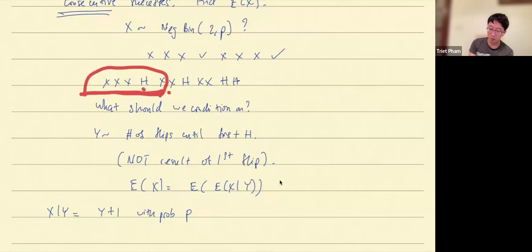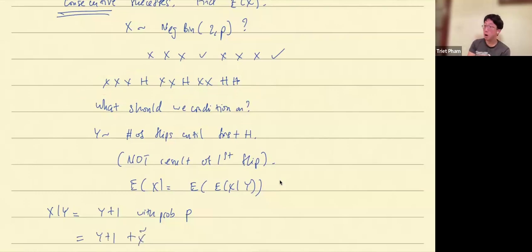Meaning that if the next is a failure, then you have to restart the whole process again, which is y plus 1 plus x tilde with probability 1 minus P.